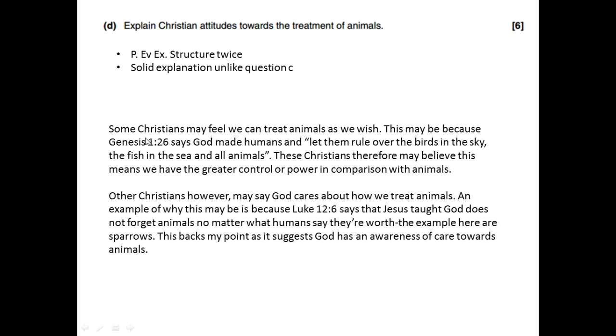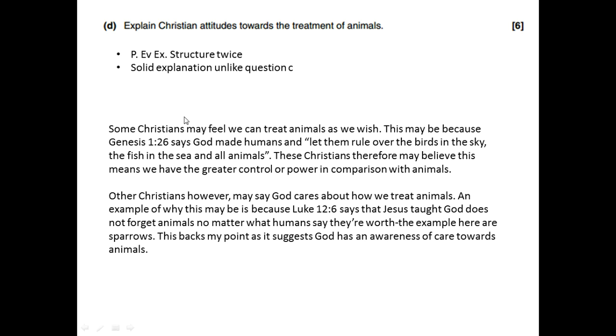So this might be something quite simple like this. Explain Christian attitudes towards the treatment of animals. Some Christians may feel that we can treat animals as we wish. That's my point. This may be because Genesis 1:26 says God made humans, and now come into the quote, let them rule over the birds in the sky and the fish in the sea and all animals. That's my evidence.